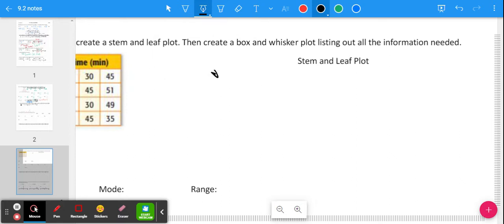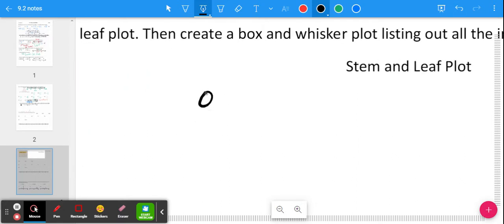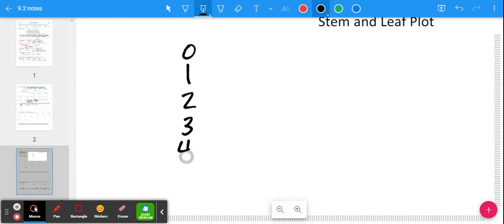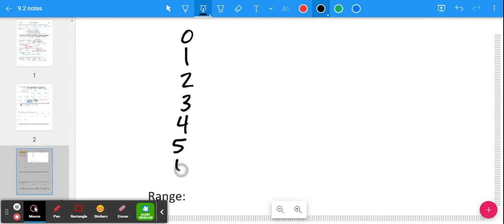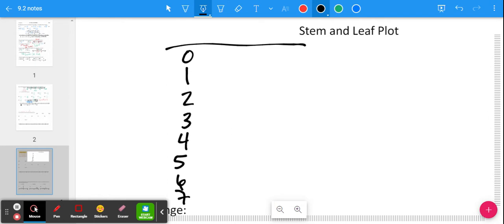So remember, your tens go on the left side. So we have 0, 1, 2, 3, 4, 5, 6, 7. And you do not skip numbers when creating these.